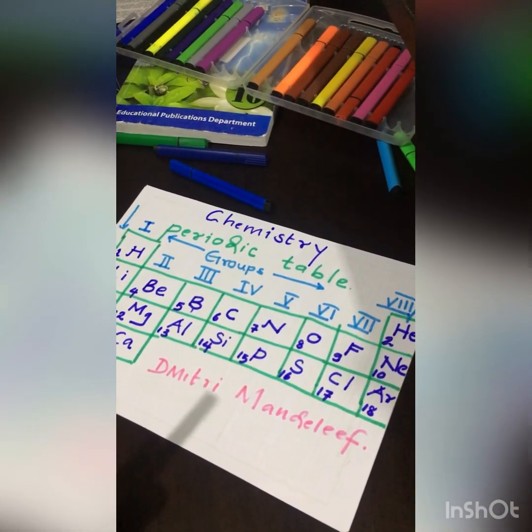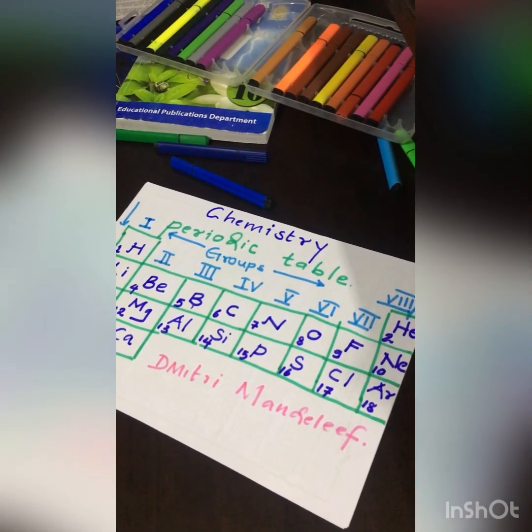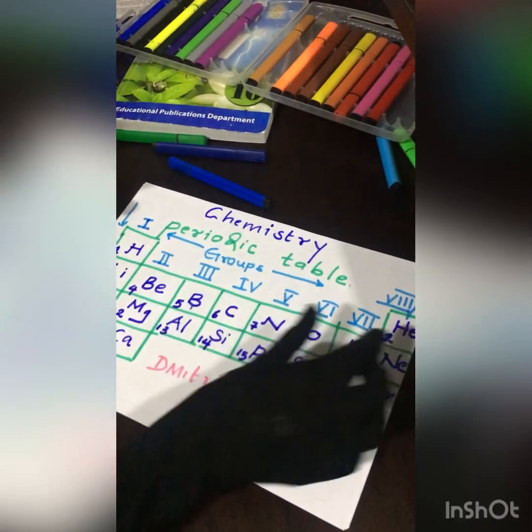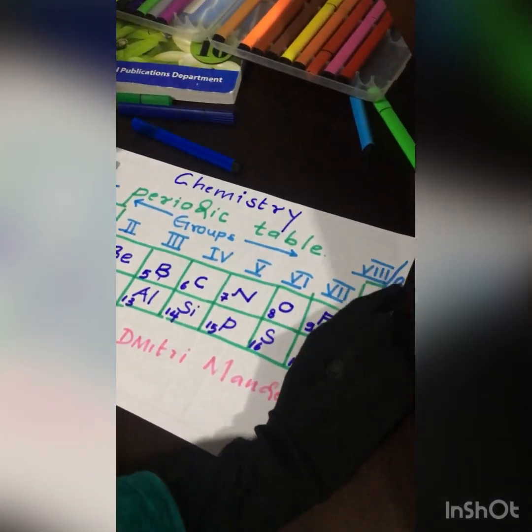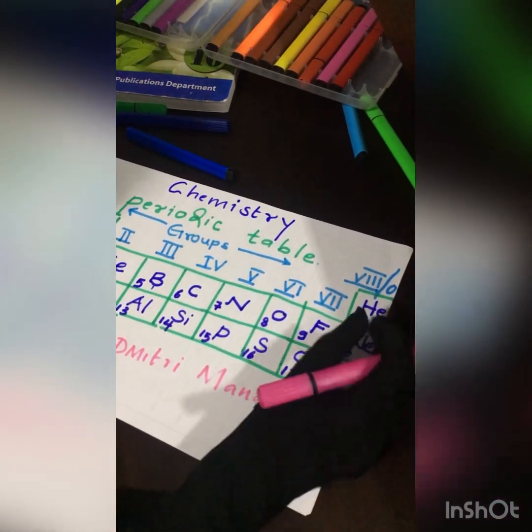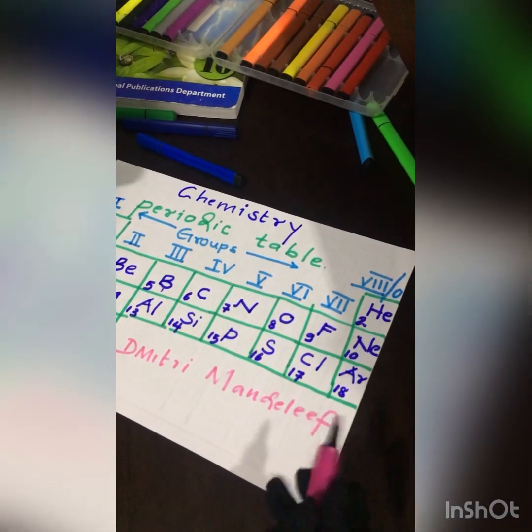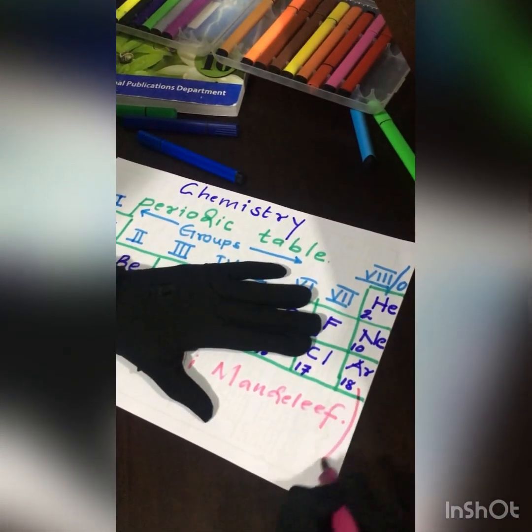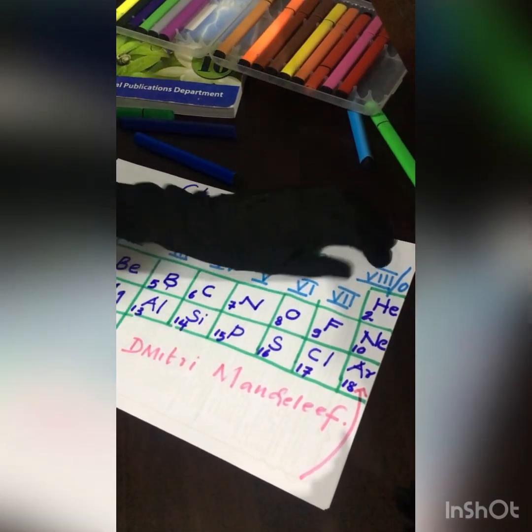Next, I will explain about the group 8 element. Group 8 element we say as 0th element also. These 3 elements, this helium, neon and argon, we give a special name for these 3 elements that is present in group 8 elements.